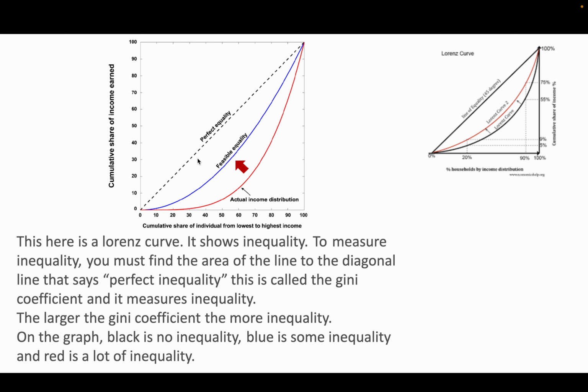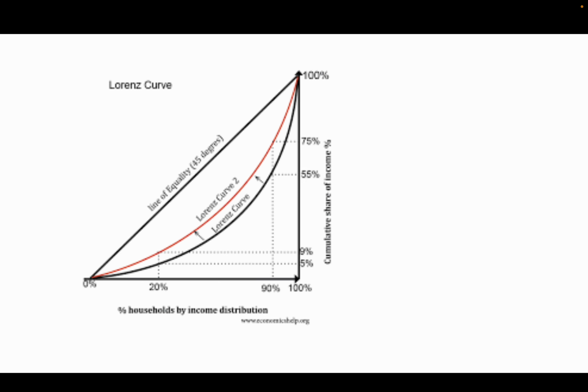You will never need to calculate this in a regular economics class unless your teacher is crazy, but this general area is most likely given to you in any question. So let's say this actual income distribution. The way we measure that level of inequality is by calculating the Gini coefficient, which is the area of this portion here, perfect equality minus actual income distribution. So this general area right here, that's the Gini coefficient.